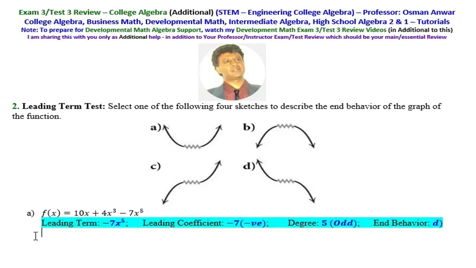The highest degree is 5, that means the leading term is minus 7x to the 5. The leading coefficient is minus 7, which is negative. The degree is 5, odd. That means end behavior is decreasing from left to right, that is D.